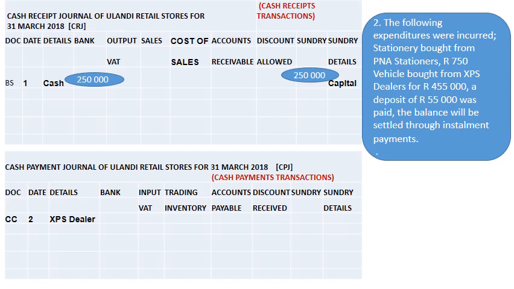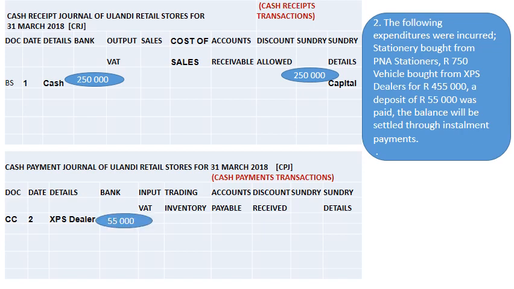But we have paid a deposit of 55,000 rand. Therefore, the 55,000 rand is the amount that must be recorded in the cash payment journal because it involves a check payment. We will then record it as follows. Under the document, the source document column will reflect the check counterfoil as a source document issued on the 2nd of March to XPS dealers.